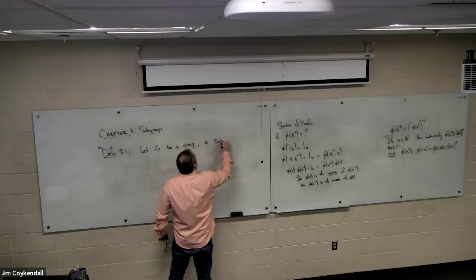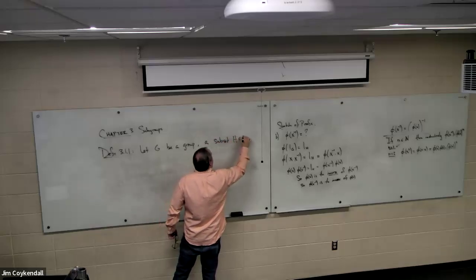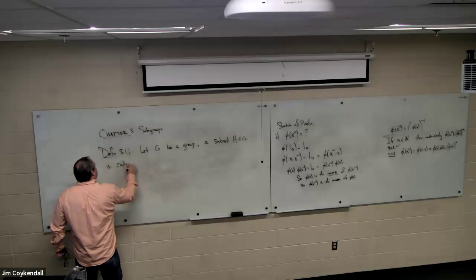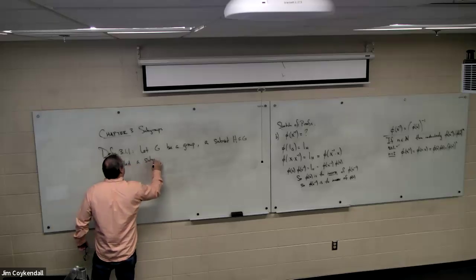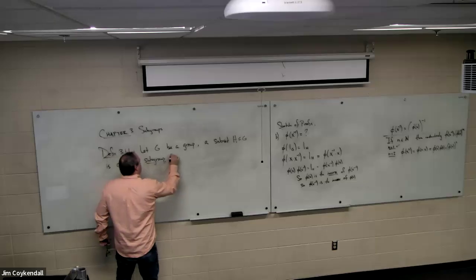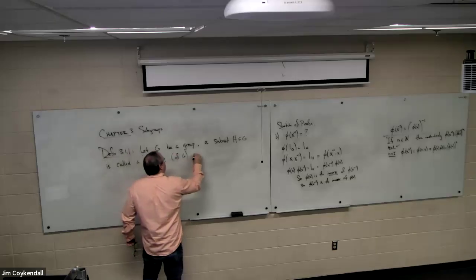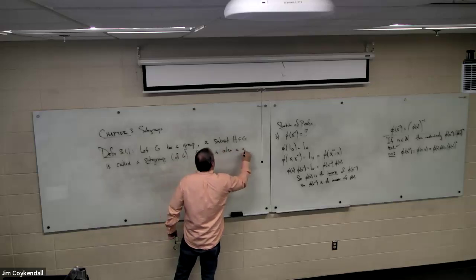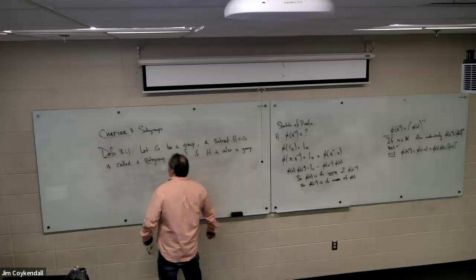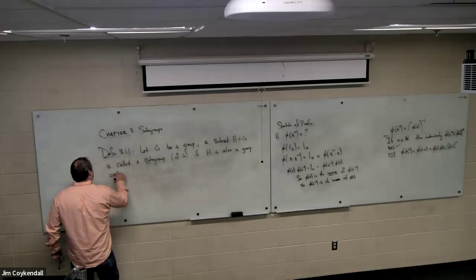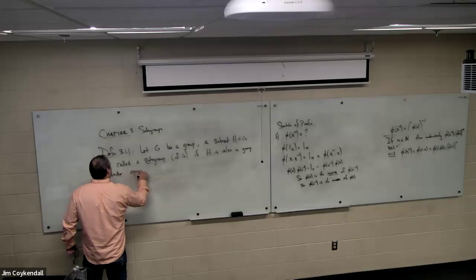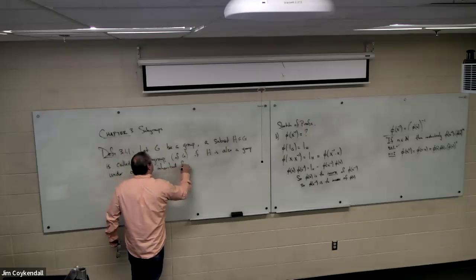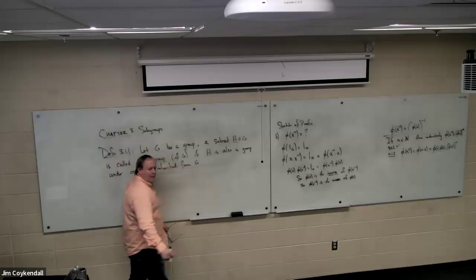A subset H of G is called a subgroup of G if H is also a group under the operation inherited from G. That is, the same operation as G.